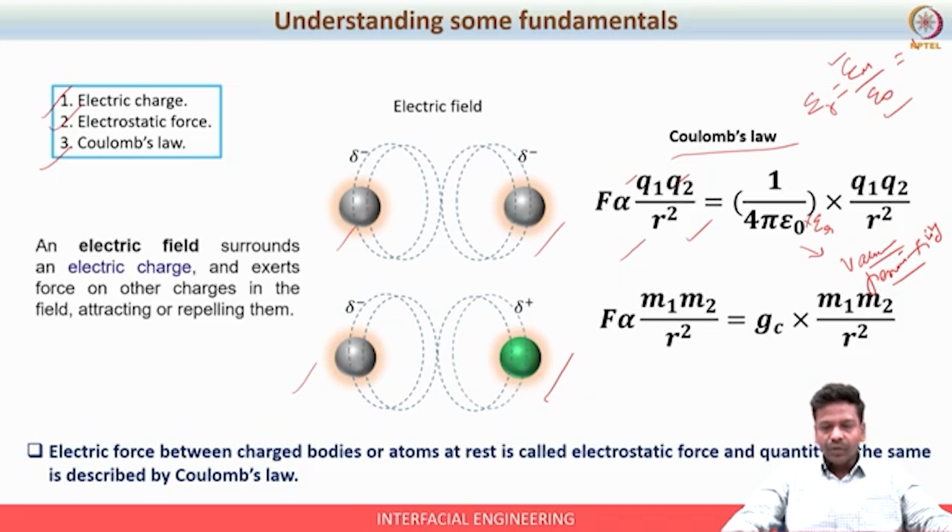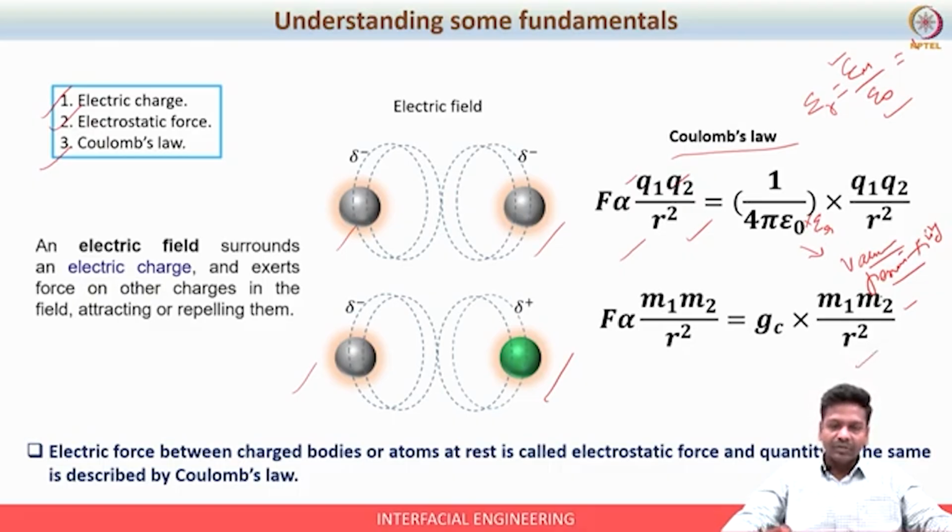So, for water you will be using E naught into ER instead of E naught alone. This equation is analogous to Newton's gravitational force. Here too, the force is proportional to the masses of the two objects, m1 m2, and inversely proportional to the square of the distance.